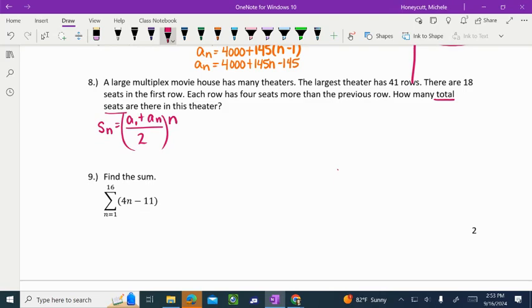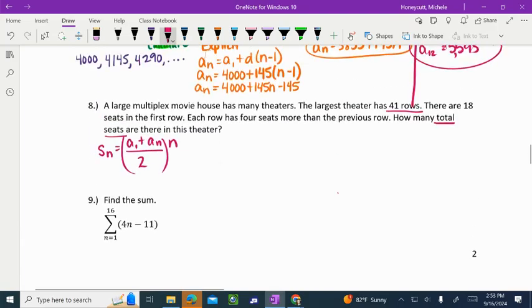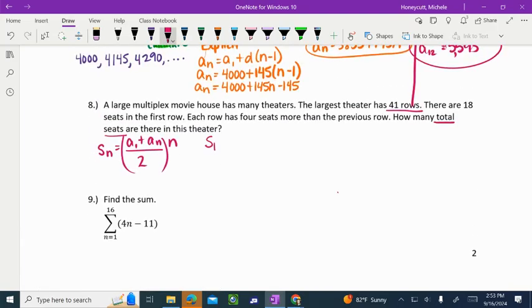I want to know the sum of the first 41 rows. It's going to be my first term, 18 seats in the first row. I don't know what A sub n is, and I know there's 41 rows. So I'm going to have to come back and plug in this number.